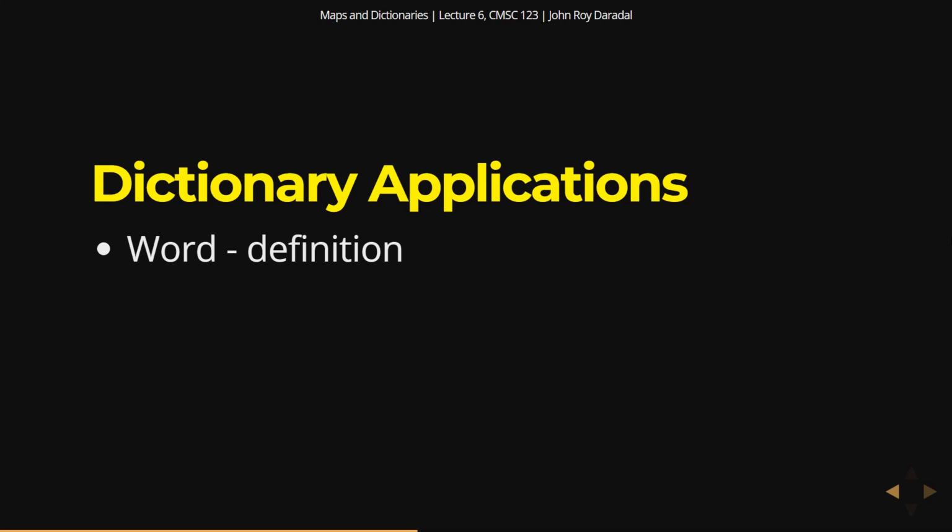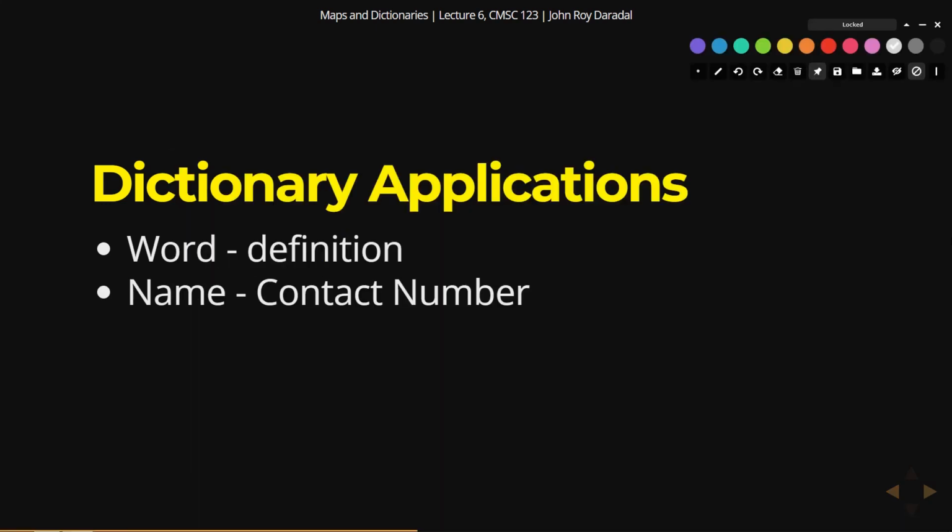So of course, you have the word and then the multiple possible definitions, and then you have the name and contact number. So for example, on your phone, you could have John, who's from work, have this number, like say 0977 ... whatever.